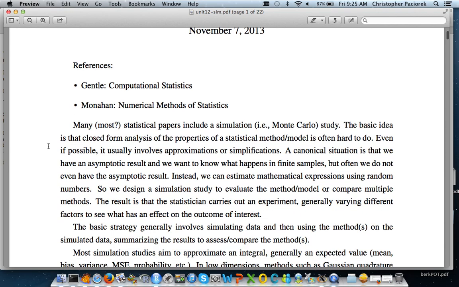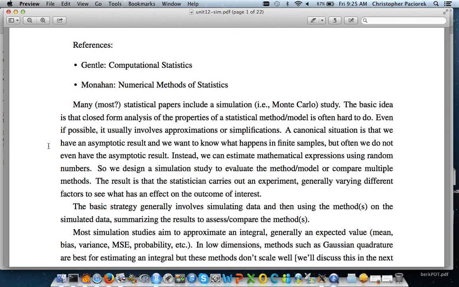The idea of simulation is we've already talked in section this week about what is a simulation study, what are the goals of a simulation study, and what are some of the principles you might use if you're setting up your own simulation study, or if you're evaluating somebody else's simulation study. So we're not really going to talk too much about that here, since we've already talked about it in section.